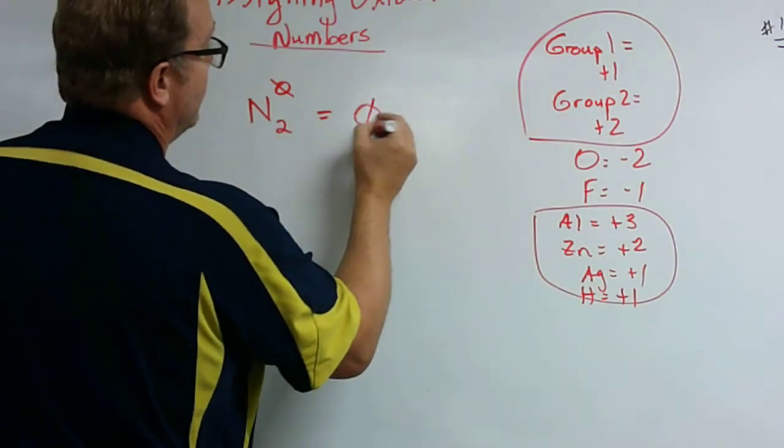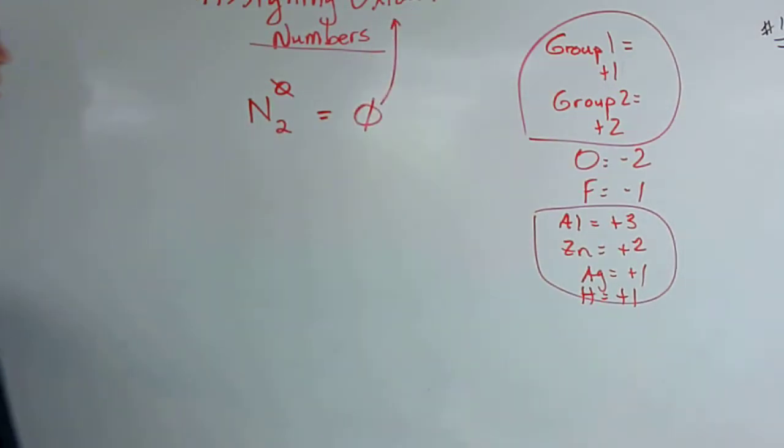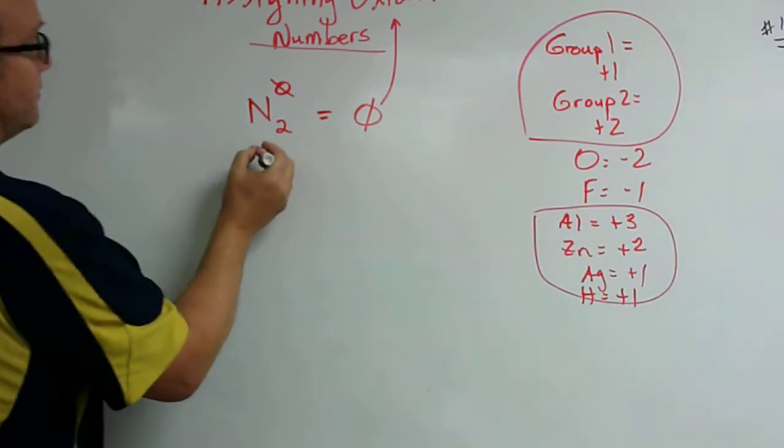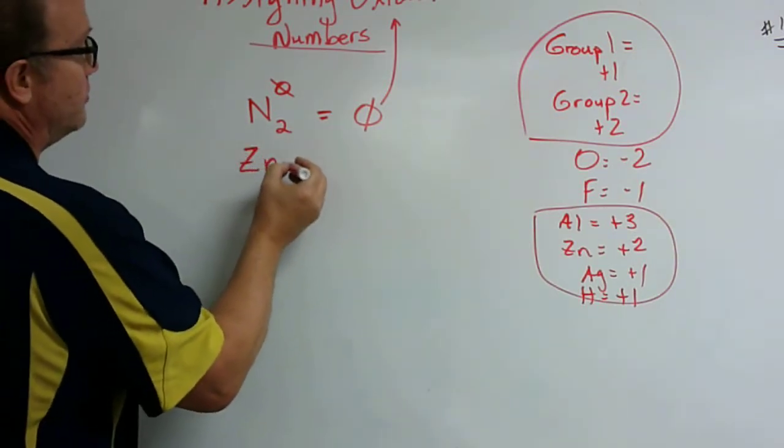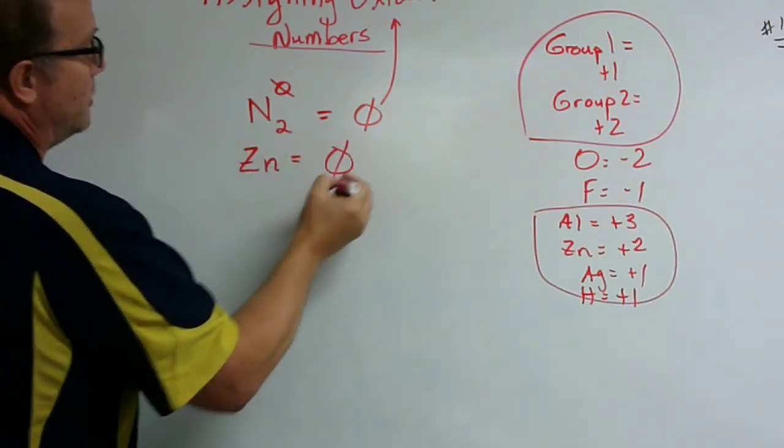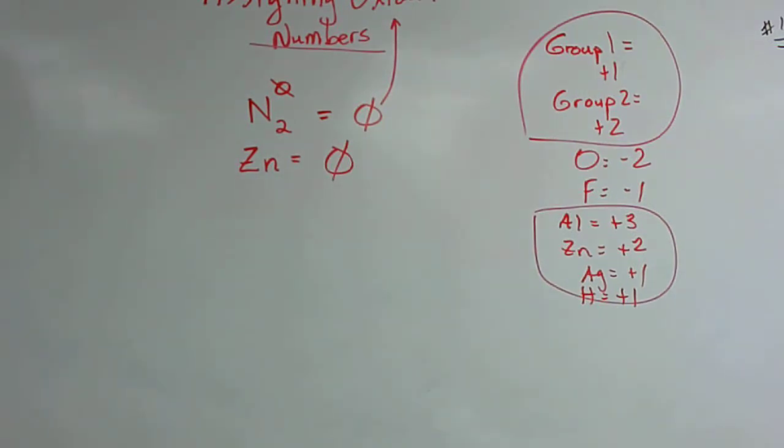So my oxidation number is going to be 0. We also have to remember if I have something that's like this, which is a metal, this is 0. Just remember the rule: if it's by itself, it is a 0.